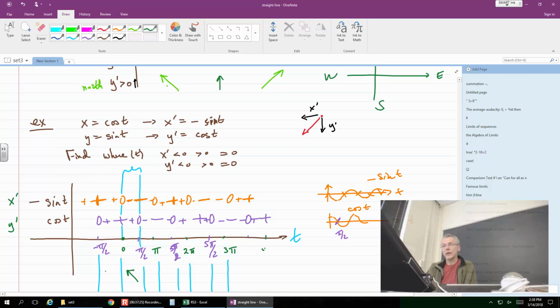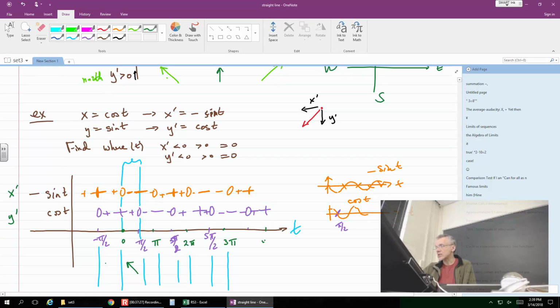Northwest, and then as we cross pi over 2, nothing happens to the negative sign, so x prime remains the same, so we're still moving west, but y prime becomes negative. So I'm switching to the next one. Once again, no change in the behavior of x prime. It's still negative, which means that we're still moving west, but y prime changes from positive to negative, so instead of going north, we're going south.